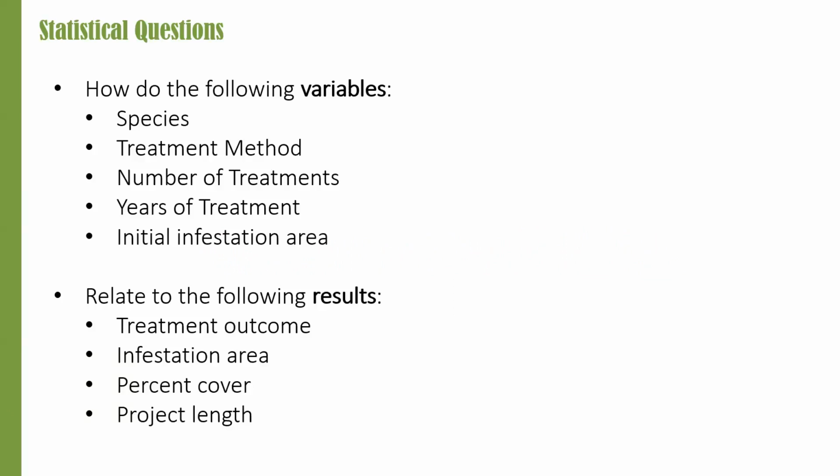For every one of these variables, we can look at how they relate to the results, and how those interactions interact with each other. So we could look at, are treatment outcomes driven by species or method or number of treatments or the initial infestation area? There's tons and tons of questions we could ask.